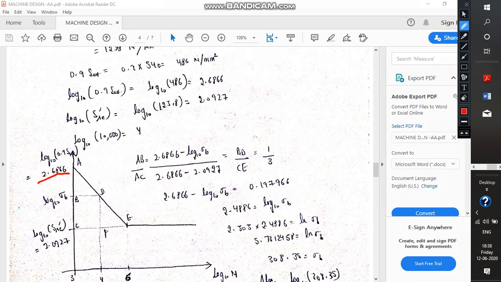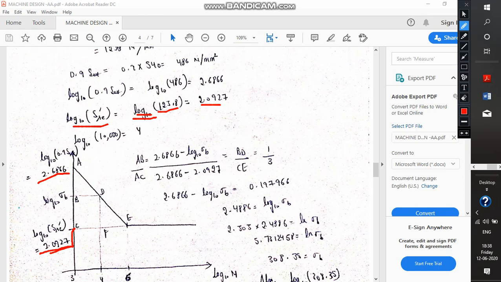Similarly, the value of the point C is nothing but log to the base 10 of the corrected endurance limit, that is 123.8. If we calculate log to the base 10 of 123.8, it comes out to be 2.0927, and we mark the value of point C as 2.0927.